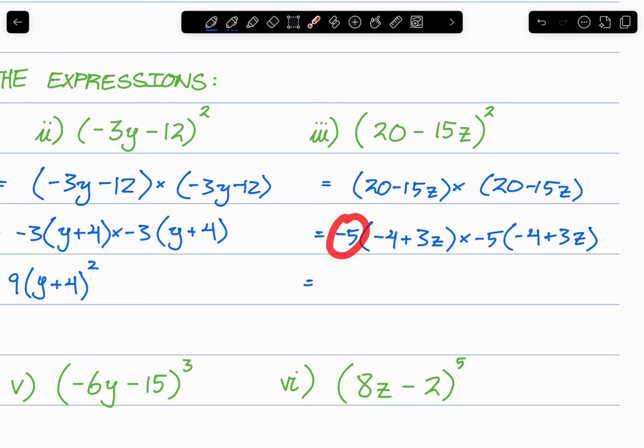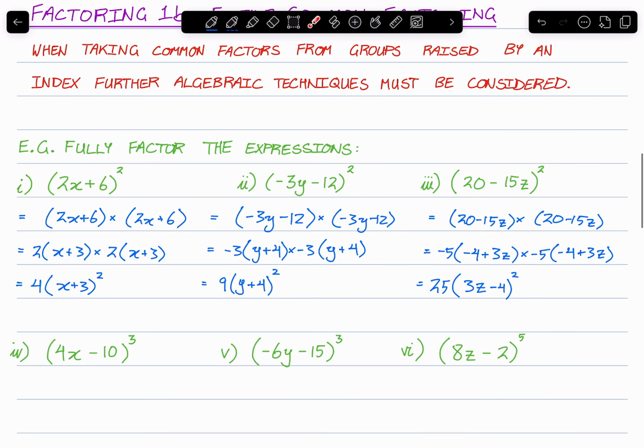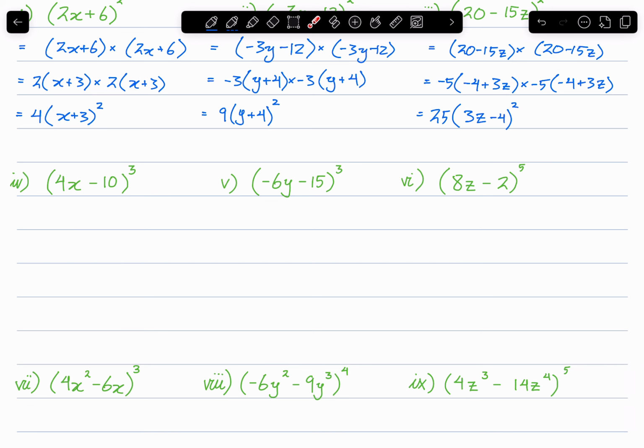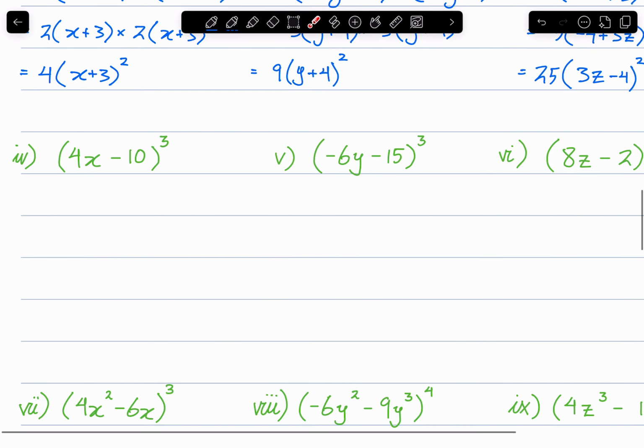And again, the 2 negative 5s multiply to give me a positive 25. I'm just going to switch these around to become 3z minus 4 all squared. I hope from just these 3 examples you're starting to see a pattern.